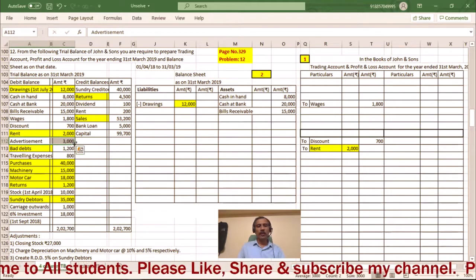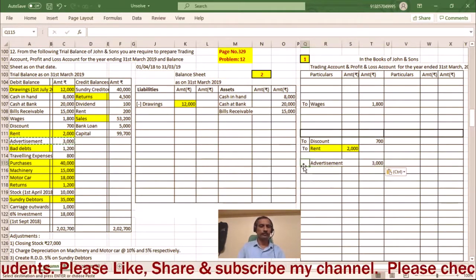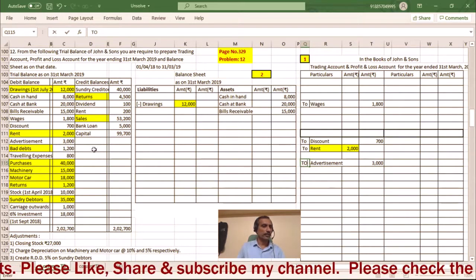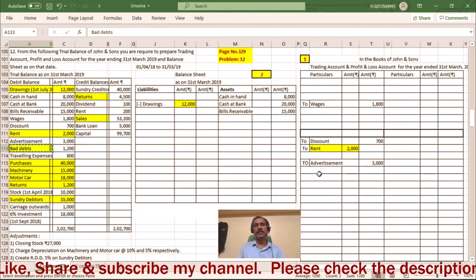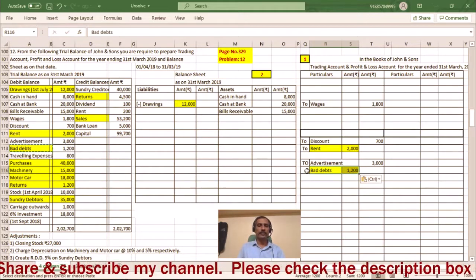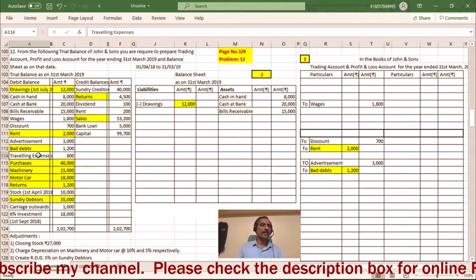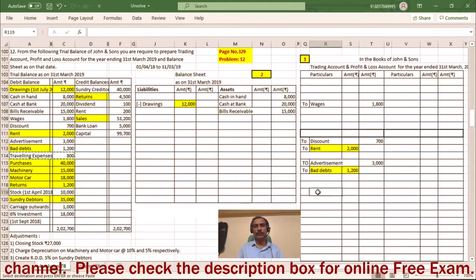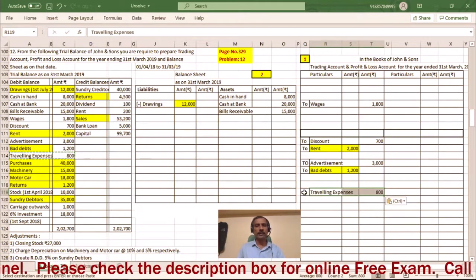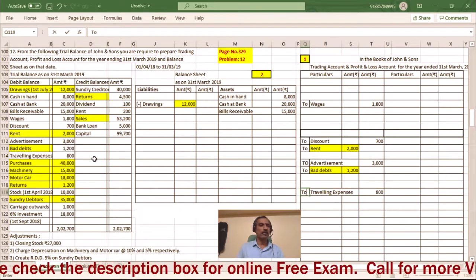Advertisement, there is no adjustment, so we can show this balance in the outer column. Next one is bad debts, this is old bad debts, so we have to show this balance in the inner column because there is an adjustment. Traveling expenses, this is our indirect expense, so we have to show it on the debit side of the profit and loss account.